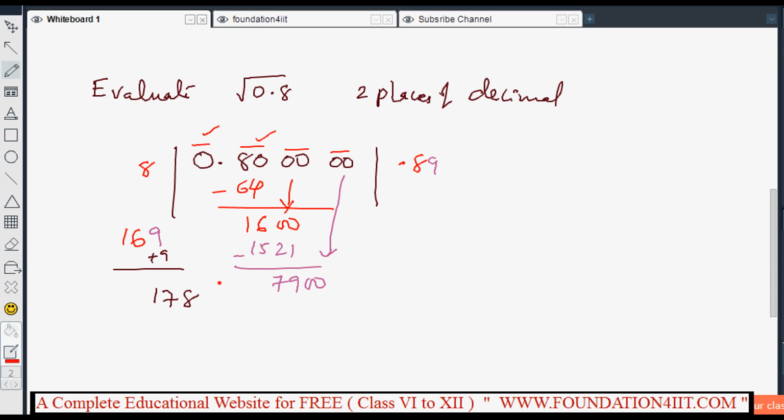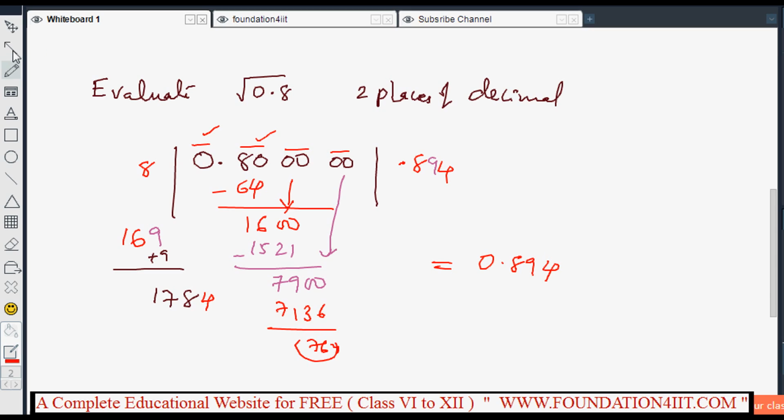Now 178 4, 4s are 1784 4s are 7136. So whatever the remainder, now we got only 3 places. Therefore the answer is 0.894.